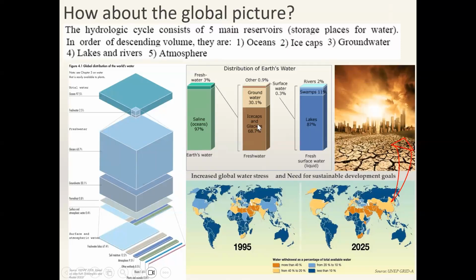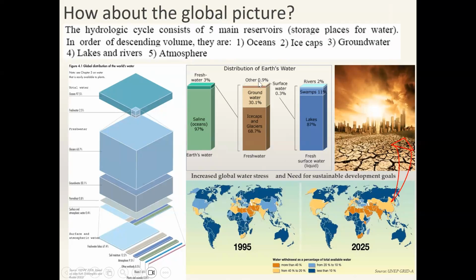For example, the retention time of a glacier is about 10,000 years or more, right? Again, we don't use this water very often, right? Then the groundwater, nearly 30%. So now you understand the magnitude of the groundwater resource.